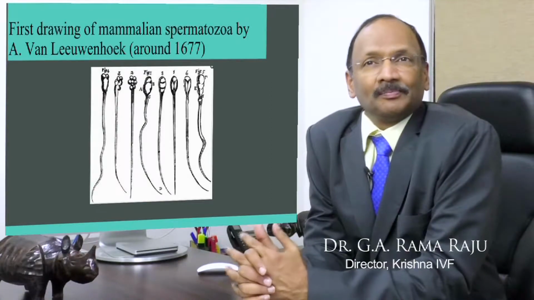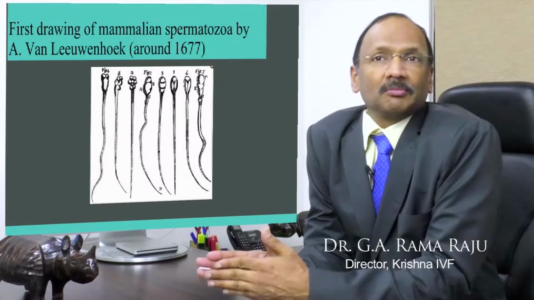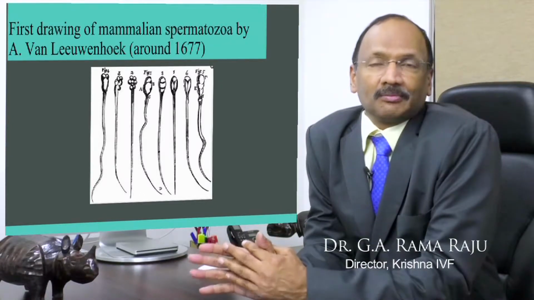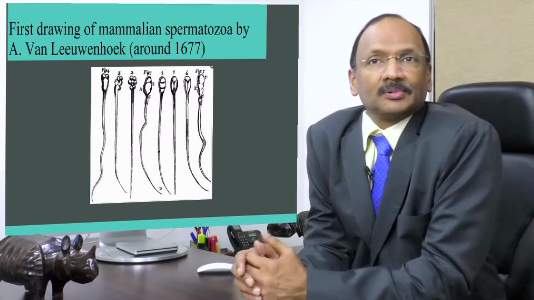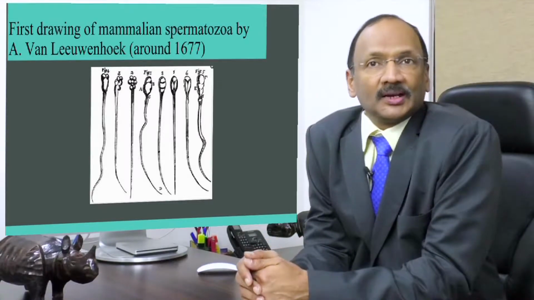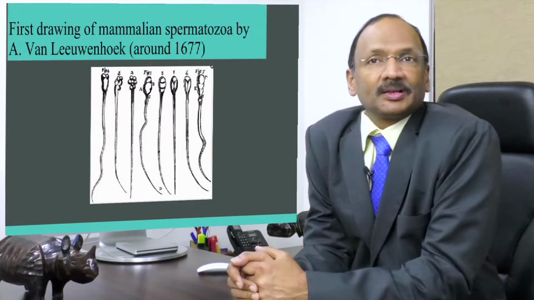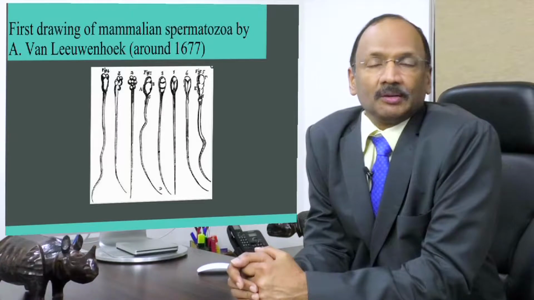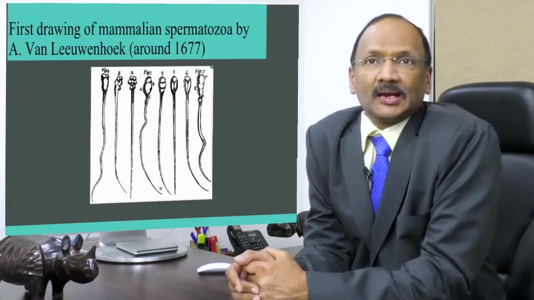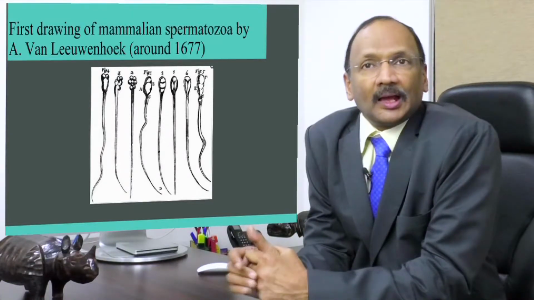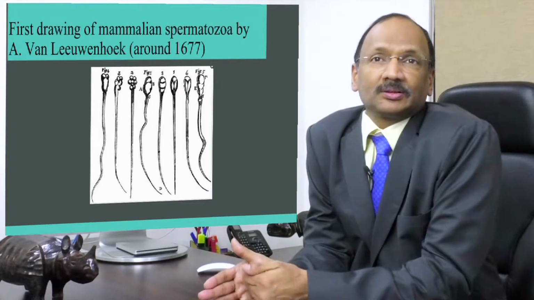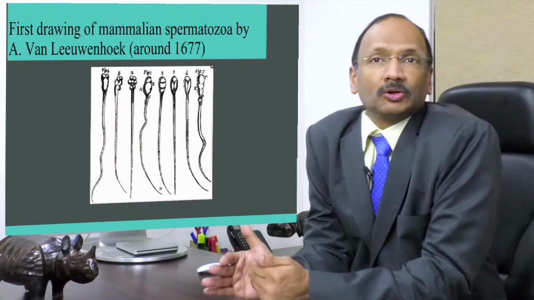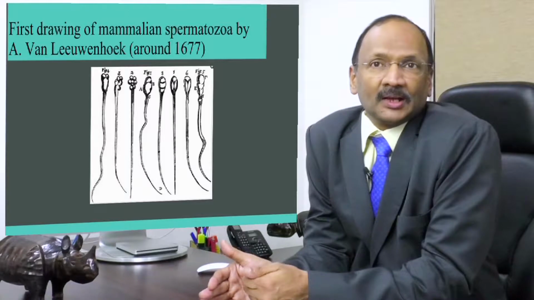When you look at the sperm heads in the diagram, he could describe sperms with larger heads, sperms with irregular heads, sperms with smaller heads and double heads. In spite of 400 years of the grand work, Leeuwenhoek did it.